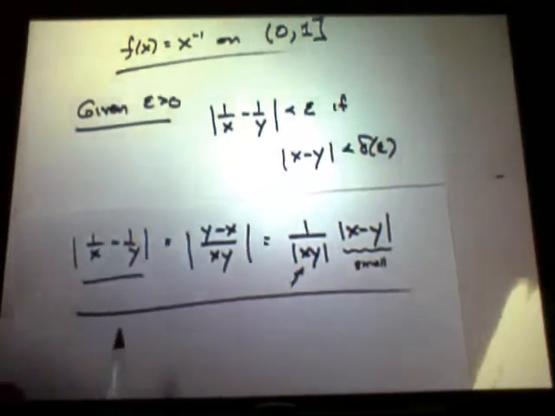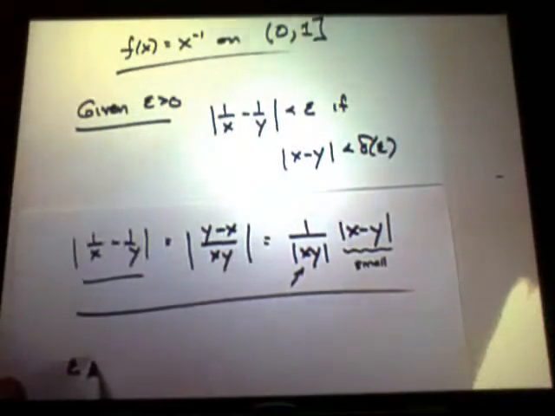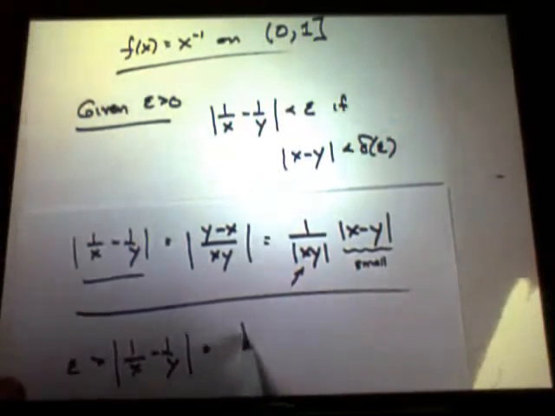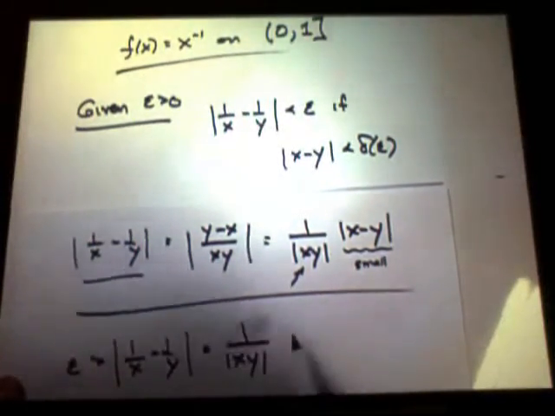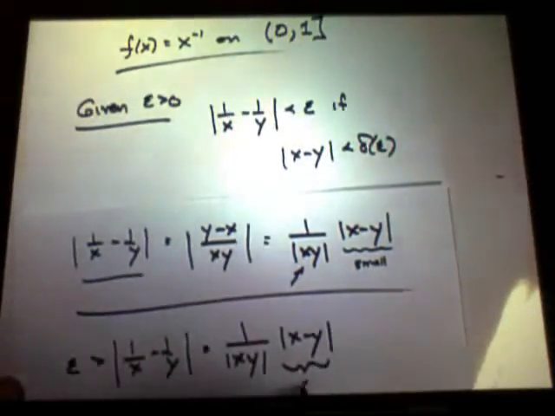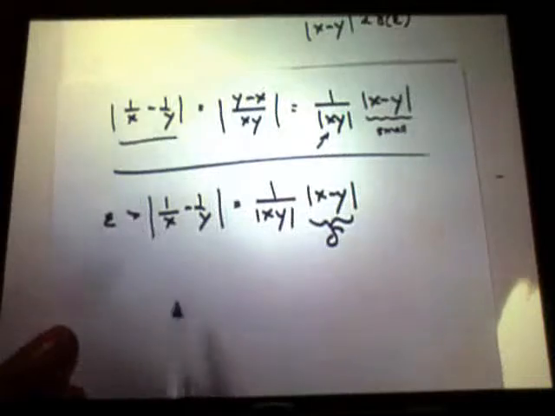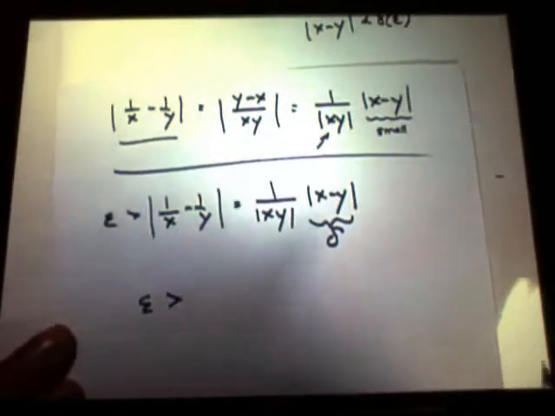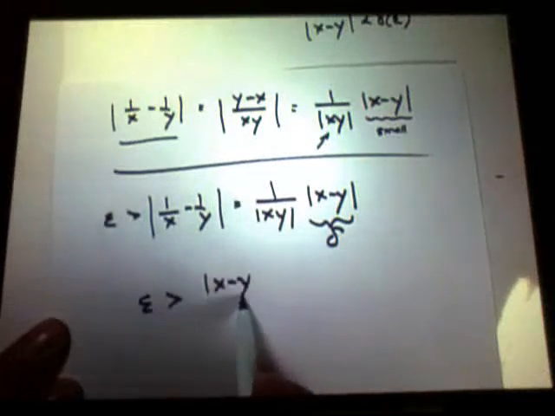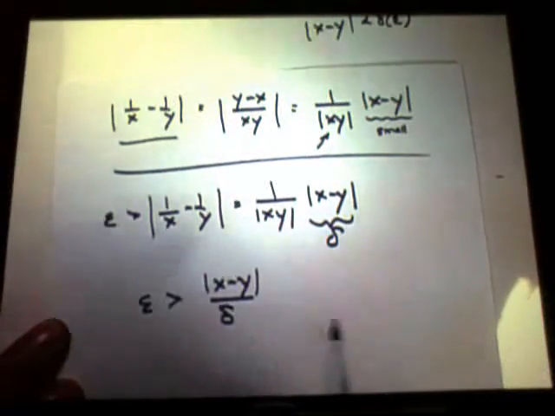So what we're trying to show is that if this is epsilon and it's supposed to be greater than 1 over x minus 1 over y, which is 1 over absolute xy times absolute x minus y, and this is equal to delta. Here's our relationship. We have epsilon is greater than absolute x minus y over delta.